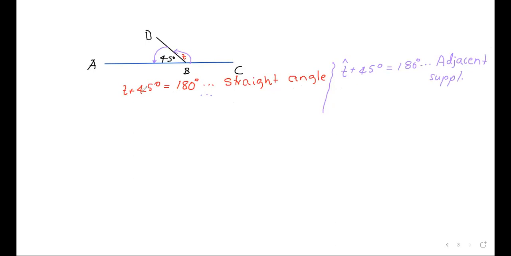So going back to the value of t, we'll have t is equal to 180. Transposing 45 will be minus 45. The answer will be 135.